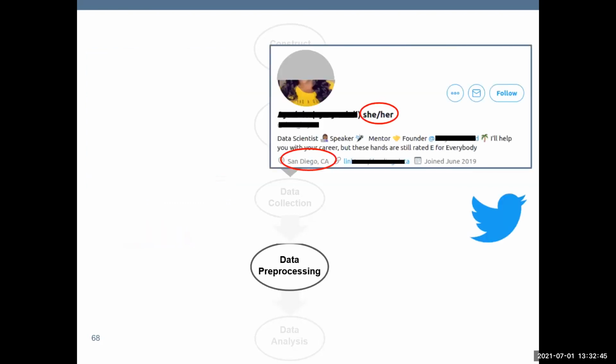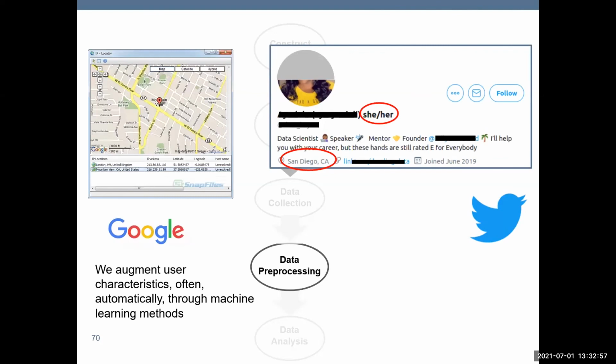Similarly, on Twitter, we would have to infer their location again, or maybe certain types of demographic characteristics such as gender or age. And this is typically done using machine learning methods because, again, this is large scale data and difficult to hand code.